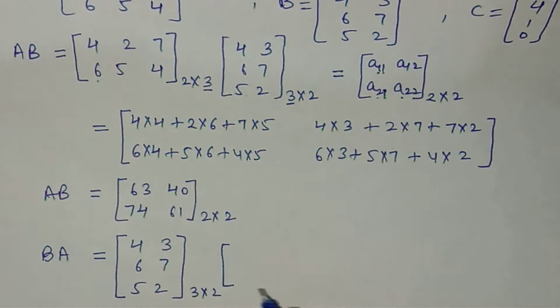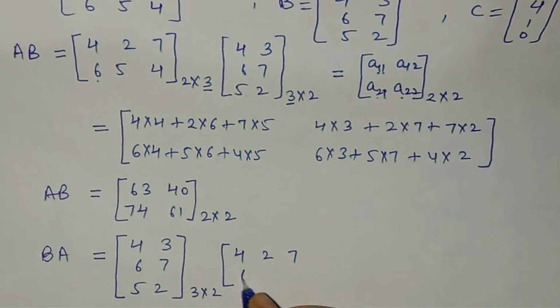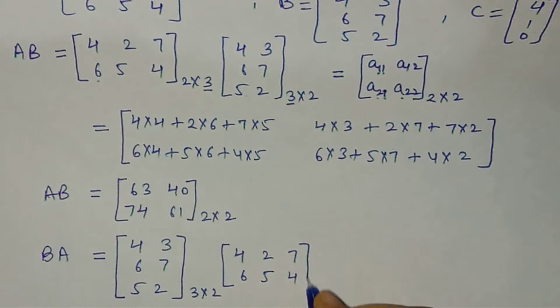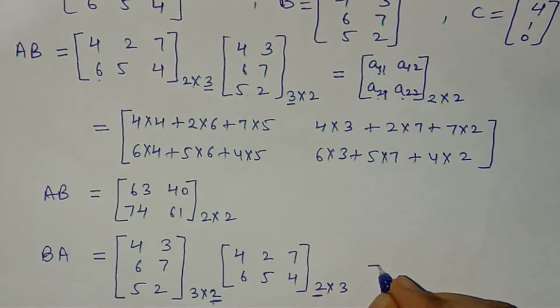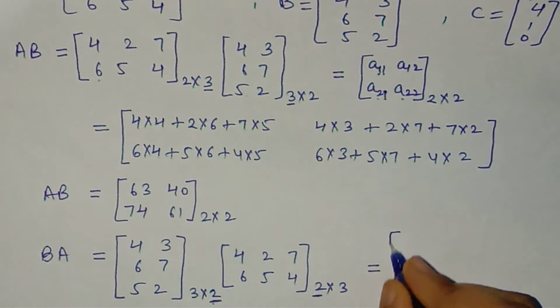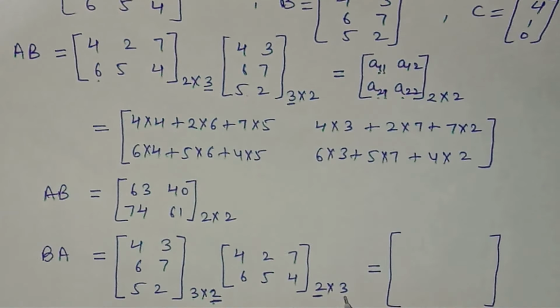And now my second matrix is a matrix of order 2 by 3. Now, is multiplication possible? Yes, in this case also we can find out B into A, because the number of columns of the first matrix, which is 2, is equals to the number of rows of the second matrix. And in this case, the resulting matrix will be of order 3 by 3.